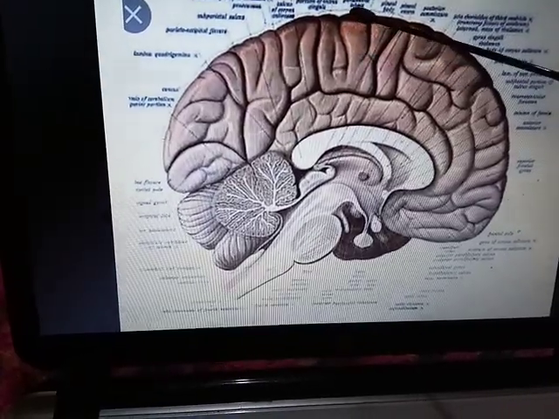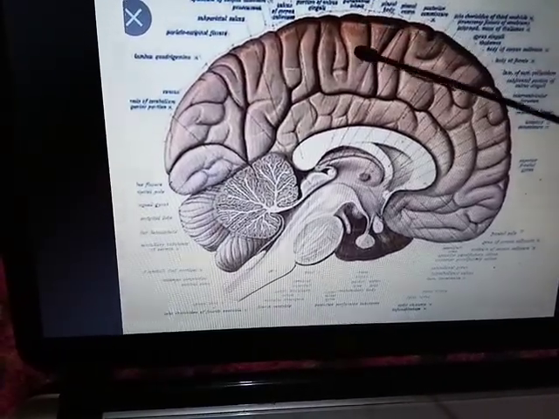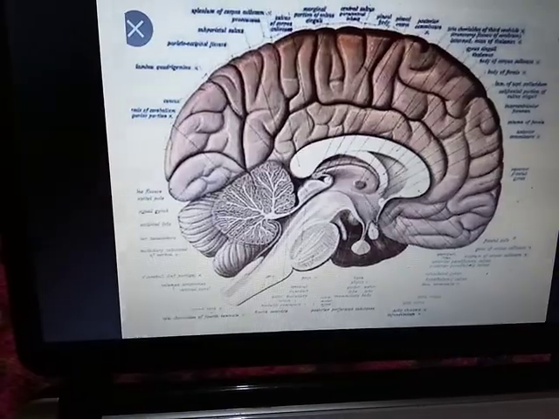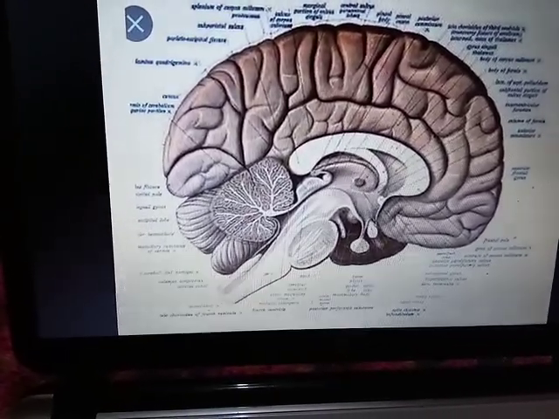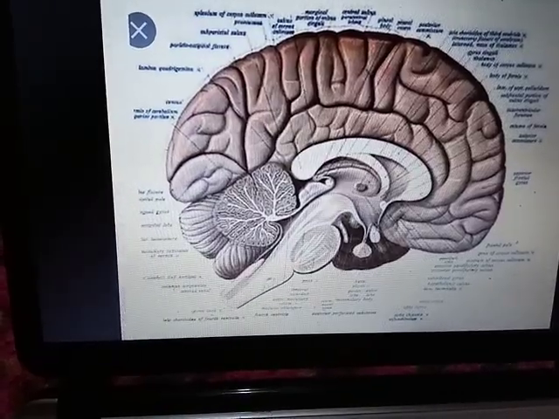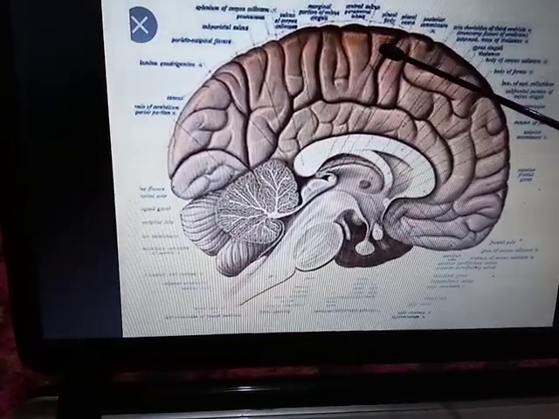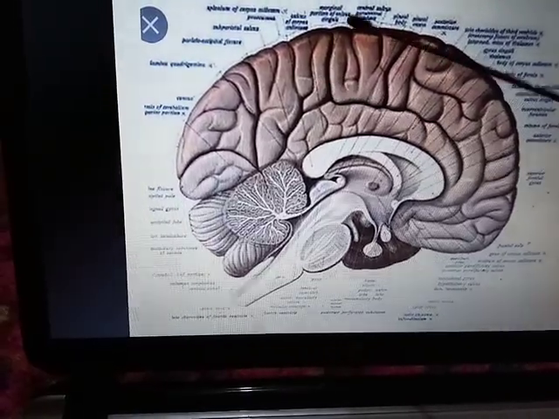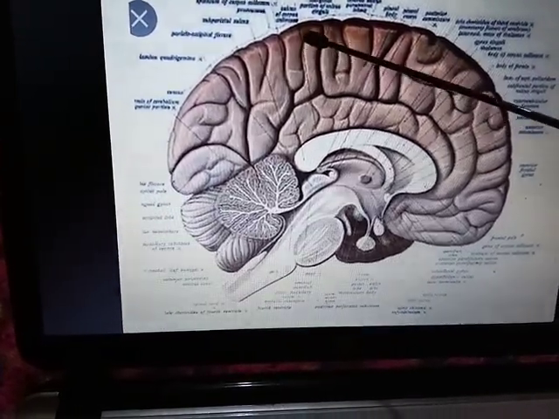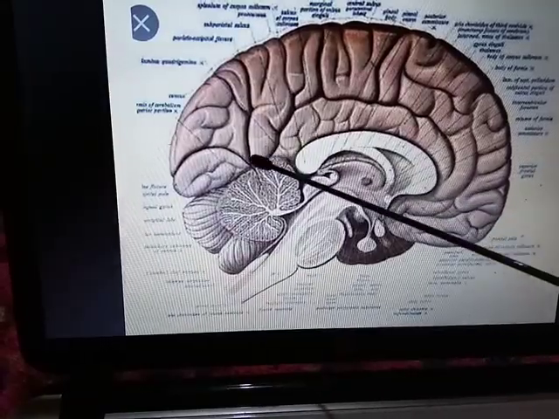Here you can see part of the central sulcus also. Since you know your central sulcus is present on the superolateral surface, but it crosses the superomedial border and enters your medial surface, and it is covered by the paracentral lobule. Then comes another thing, the precuneus.